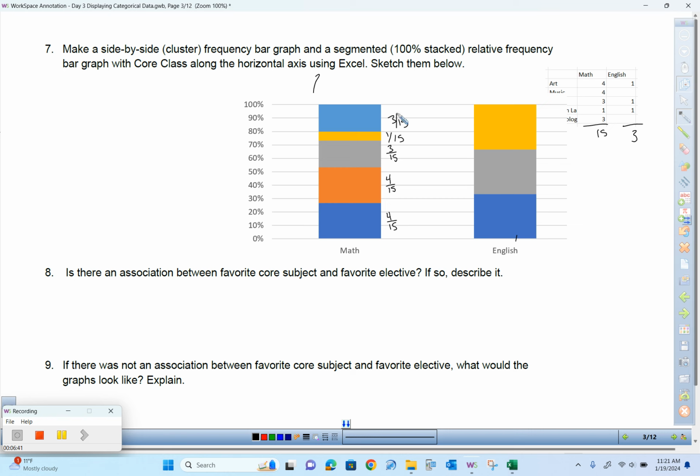Okay, so just in your calculator, change each of those to percents for me. We've got this one is 20%, which makes this one 20% as well.